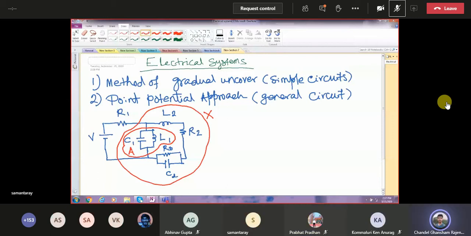Sir, are we working with AC current or DC current? This one? Means we are working with AC. Some alternate source. Even if it is DC, if you disturb something somewhere, then current will start flowing.